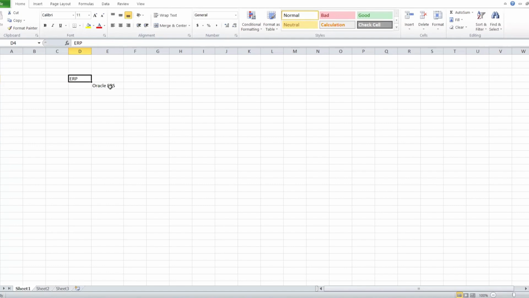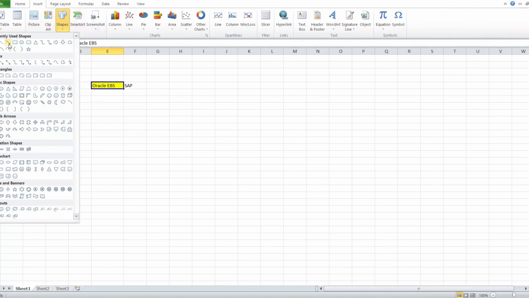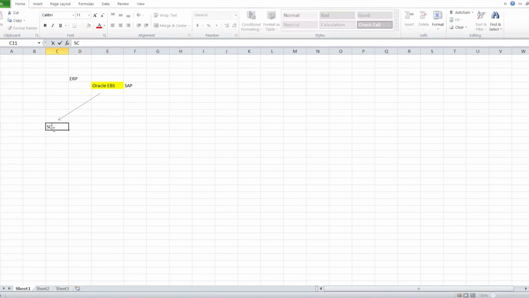So there are many ERP systems. One of them is SAP ERP. One of them is Oracle e-business suite, right? So as part of this training, we are covering Oracle e-business suite. And in this Oracle e-business suite, there are multiple things. One of them is SCM, that means supply chain management.